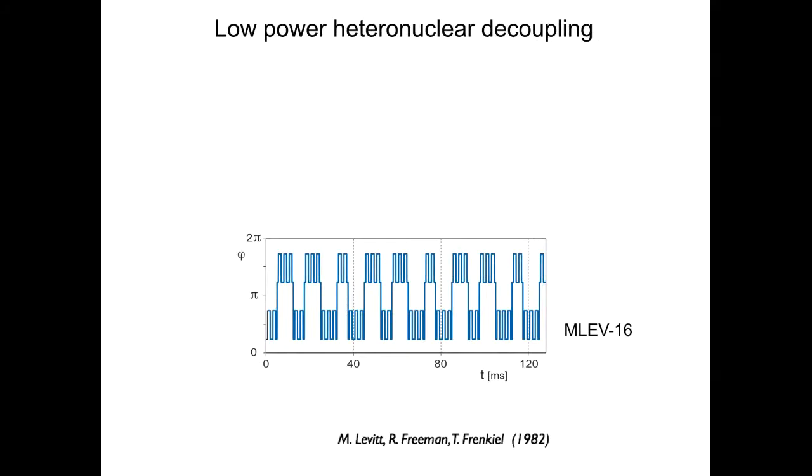Another example is decoupling, heteronuclear decoupling, which is closely related also to what is called dynamical decoupling in information processing, where typically, in the old days, one approach was to use, again, CPMG type sequences, and people have replaced 180-degree pulses by composite pulses.